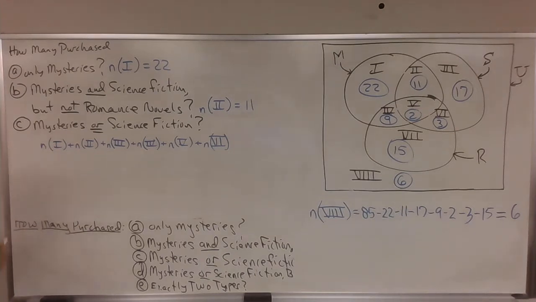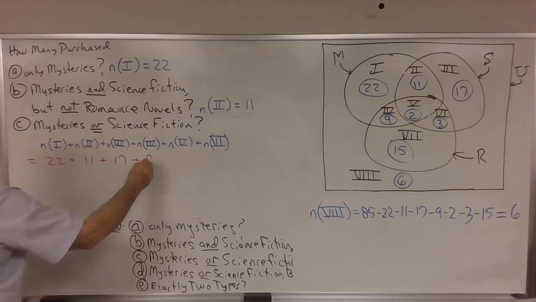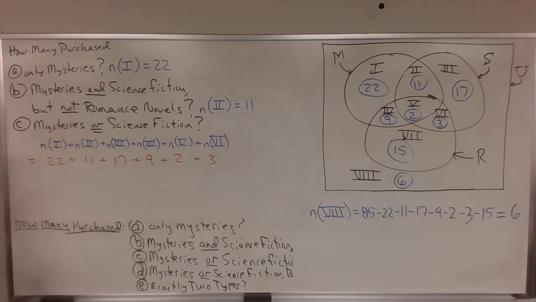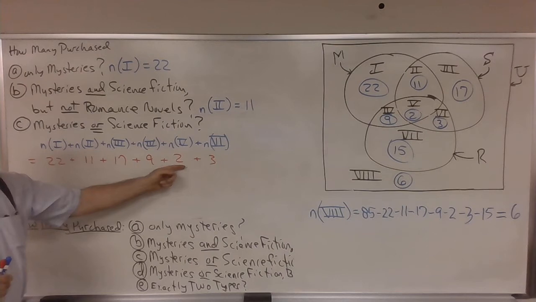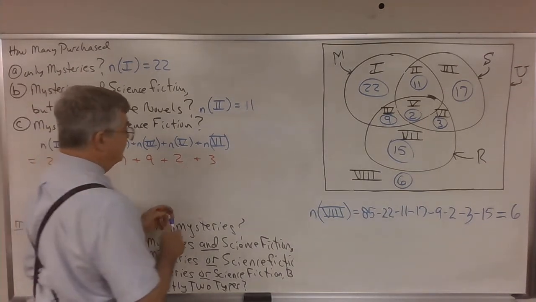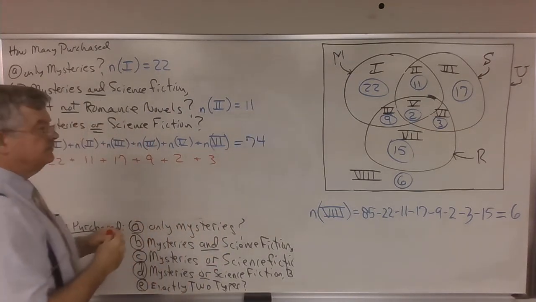So what's that? 22 plus 11 plus 17 plus 9 plus 2 plus 3. Okay, 33 plus 17 is 50, 69, 71, 74. That appears to be 74.